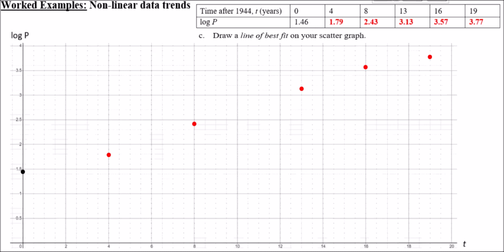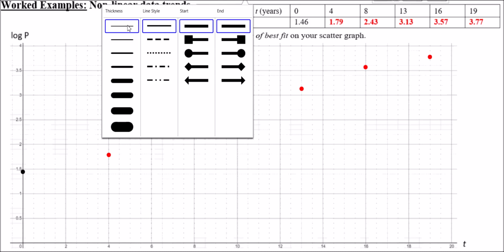Part C, it now asks us to draw a line of best fit on the scatter graph. What you will know how to do in future is to calculate the equation of a straight line graph exactly. But for now, we're going to do this by eye, just sort of by feel. So I'm going to think about where we could fit it through these points.